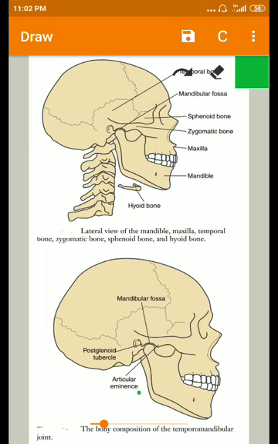The movements taking place at the temporomandibular joint, the mandibular movements, are closing, opening, protrusion, retrusion, and lateral deviation.